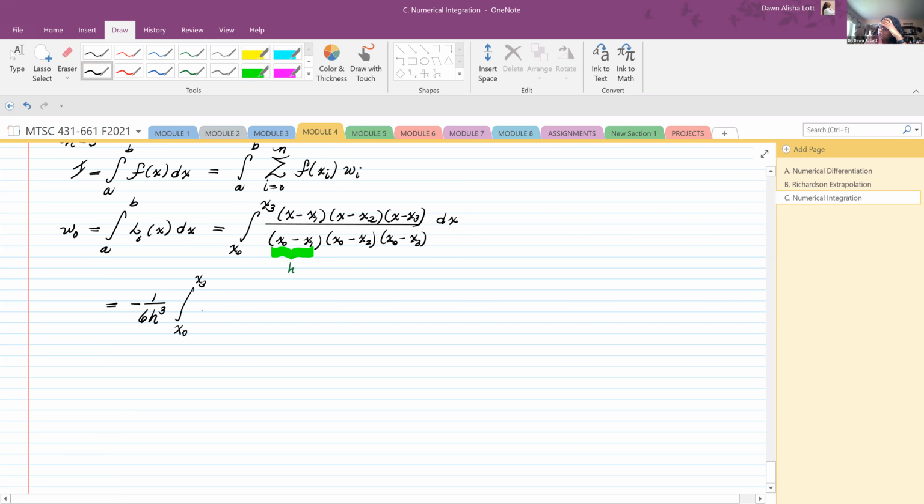And this is x minus x1 times x minus x2 times x minus x3 dx. I'm still trying to figure out where it came from, guys. Okay, so now I'm going to do a substitution. I'm going to let u equal x minus, what is my substitution?